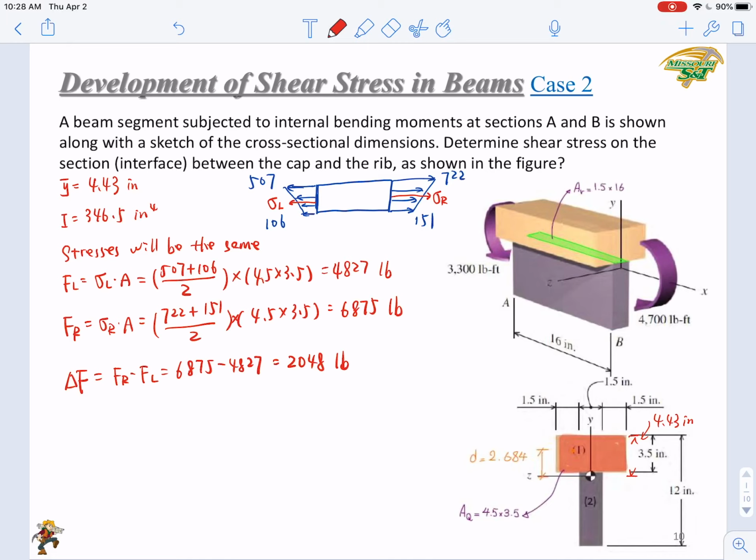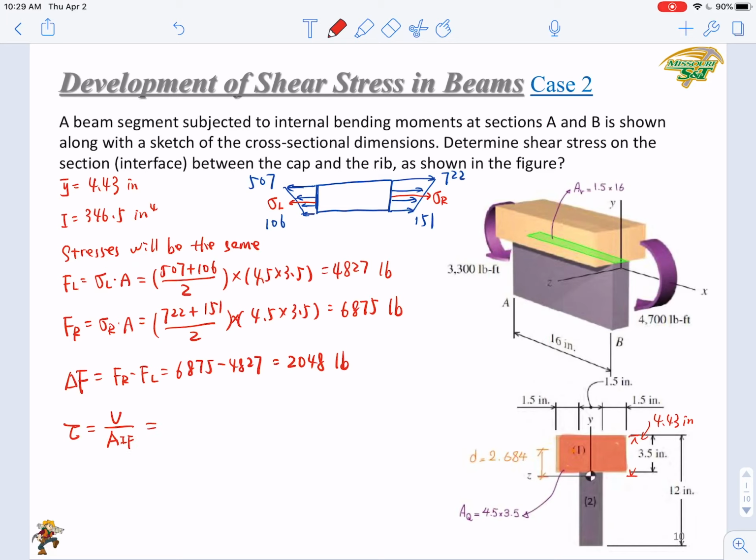Again, we need a shear force to balance this difference. This resultant force delta F will be pointing right, then our shear force will be pointing left. This shear force will be located at the interface, the green colored interface between the cap and the rib. If you want to calculate the tau at the interface, you get V over A interface, right?